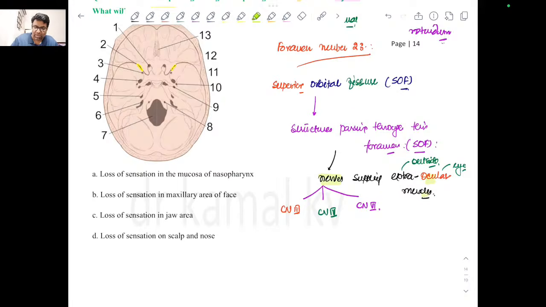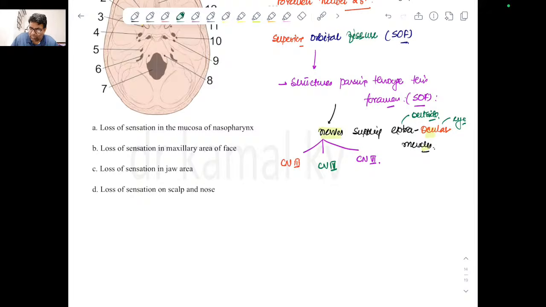This is one thing. But apart from this, there is one more important sensory nerve which is traveling through this fissure, and that is the branches of the ophthalmic division of which cranial nerve?